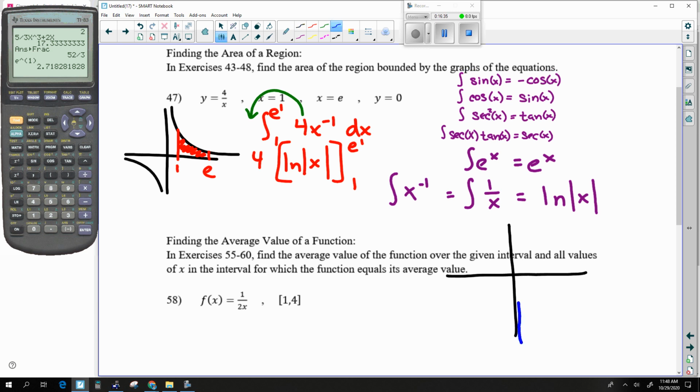It hugs the axis and then it splits over. And this is when x is 1. Notice that when x is 1, the y-coordinate is 0. Just take note. So when I evaluate this, this is ln of e minus the ln of 1. A lot going on in this problem.